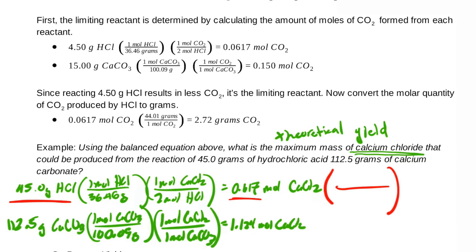The mass of calcium is 40.08 grams plus 2 times 35.45, that's 2 atoms of chlorine, is 70.9. And the mass of that is 110.98 grams per 1 mole of calcium chloride.